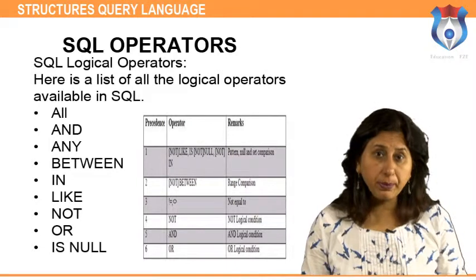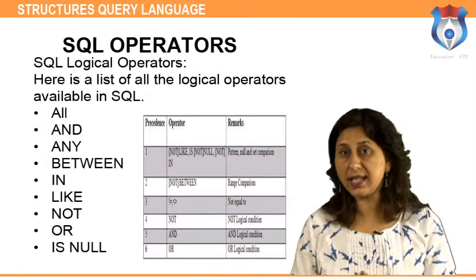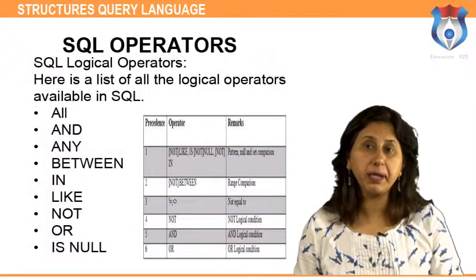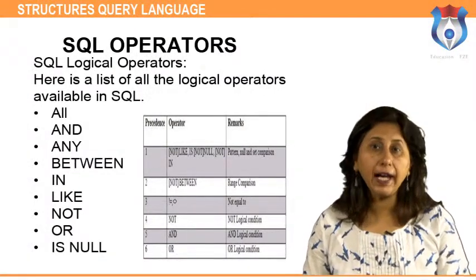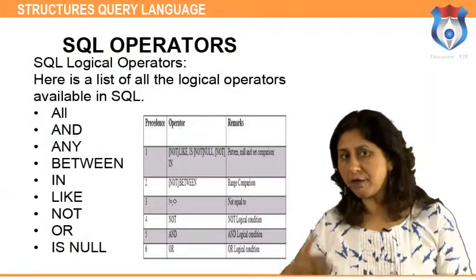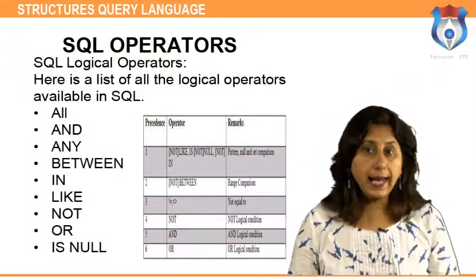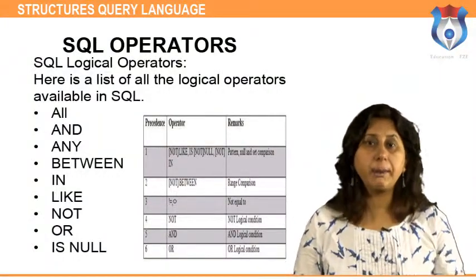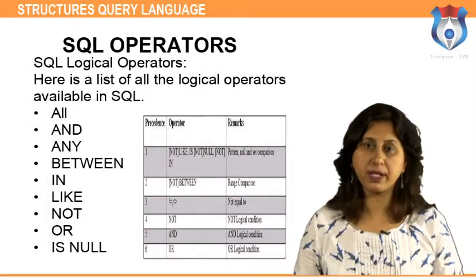The BETWEEN operator is used to search for values that are within a set of values given the minimum value and the maximum value. The IN operator is used to compare a value to a list of literal values that have been specified. The LIKE operator is used to compare a value to similar values using wildcard operators.